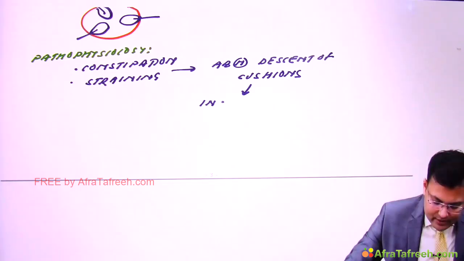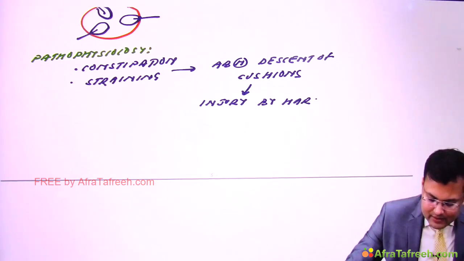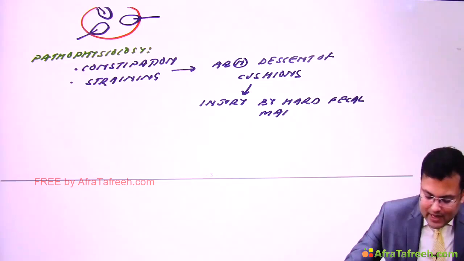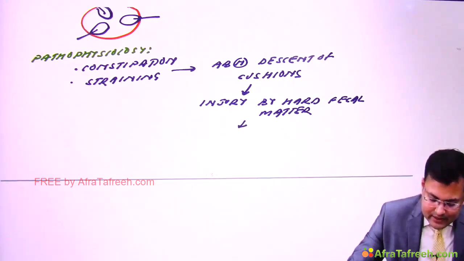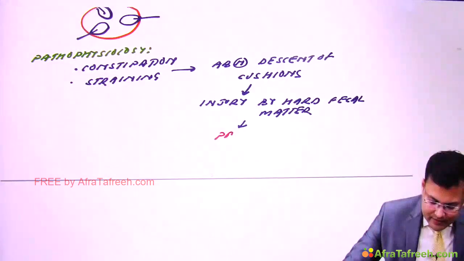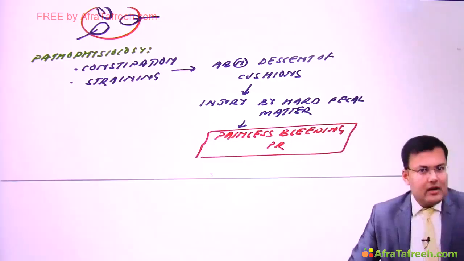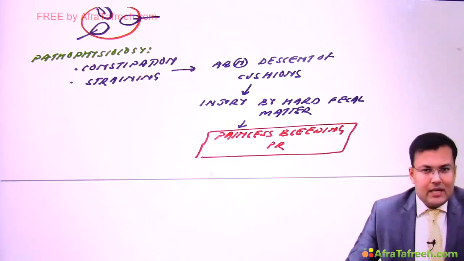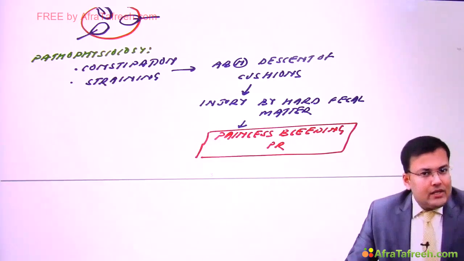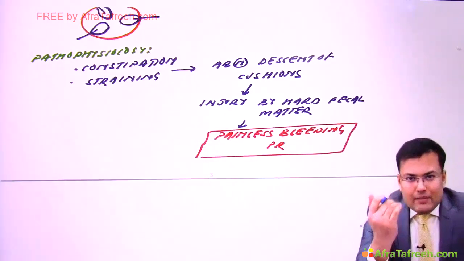Because of this injury, there is painless bleeding PR. Clear? So this is the most common presentation. Apart from this bleeding, sometimes there is mucus discharge, and when the patient strains badly, there is prolapse also.